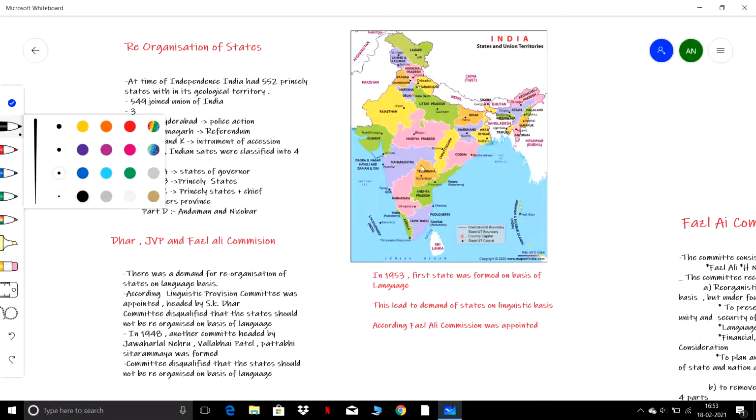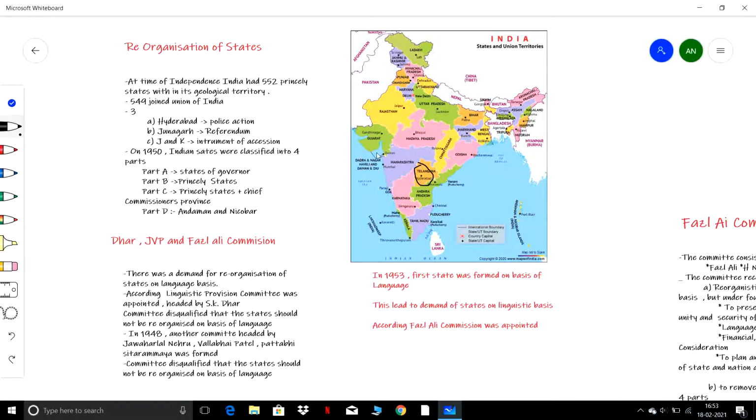Which are those three? Hyderabad, Junagadh, and Jammu and Kashmir. Hyderabad joined through police action, and Junagadh through referendum, where the people overthrew the rule of the king or monarchy and voted to be a part of the Indian Union.